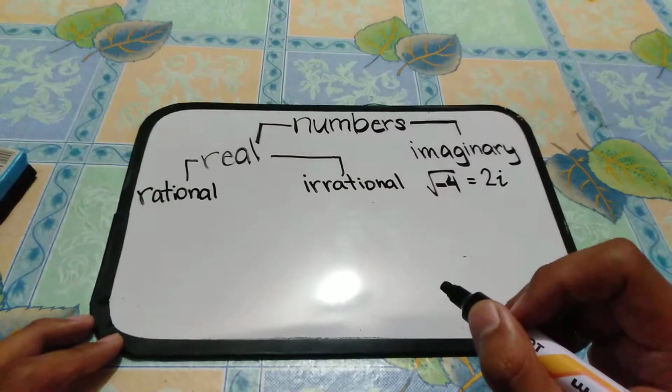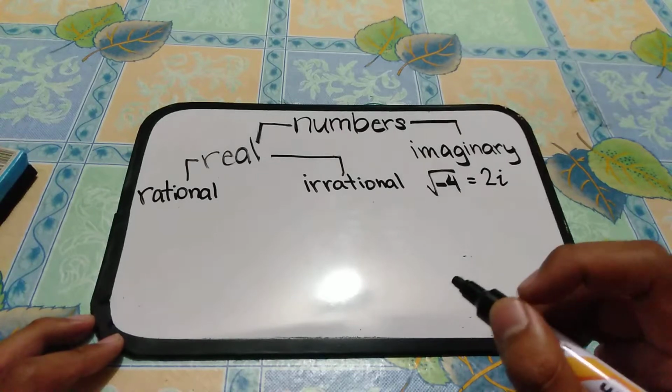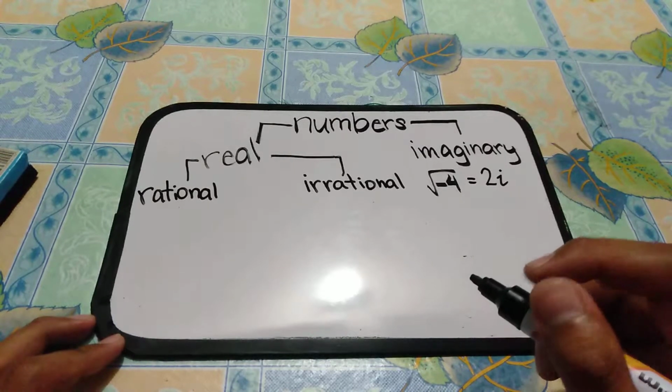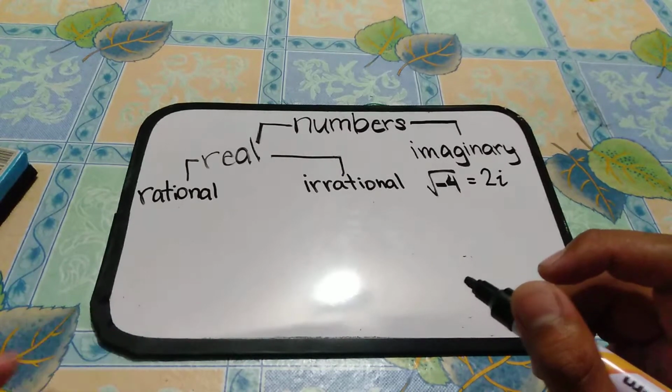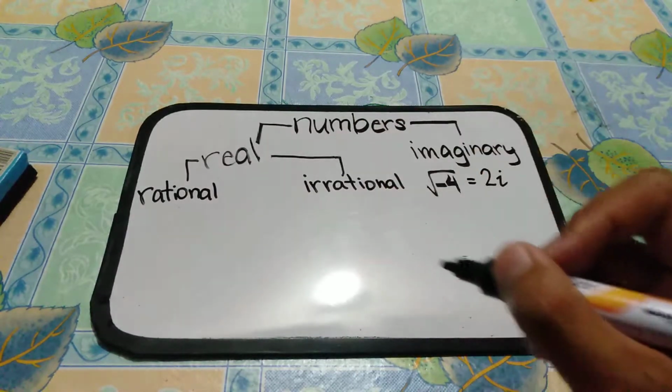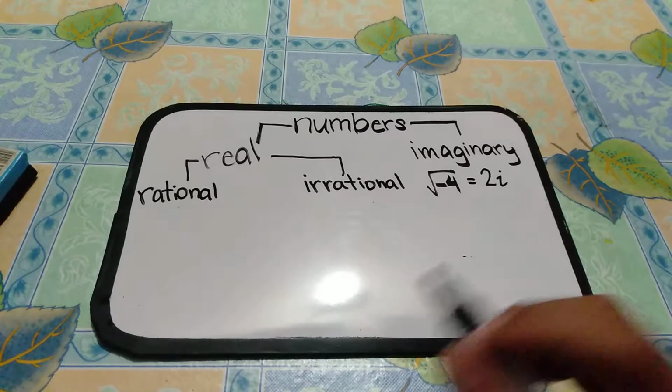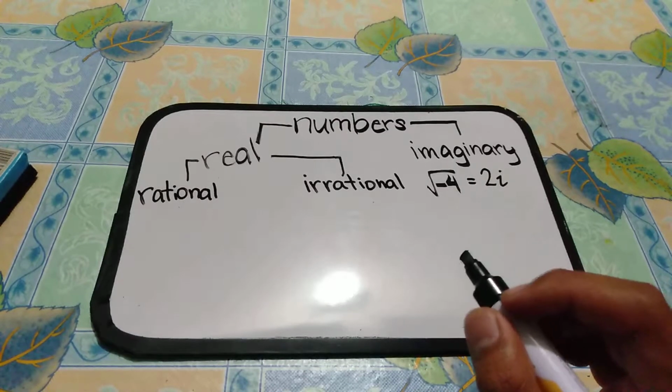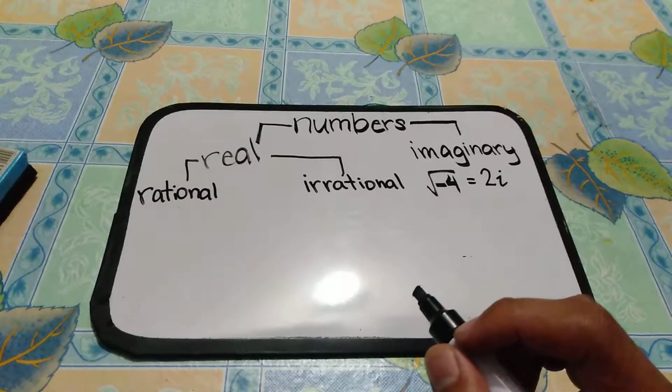Rational numbers are the set of numbers that can be expressed as the ratio of two integers. When we are talking about ratio, it can be expressed in two forms: colon form, and fraction form.